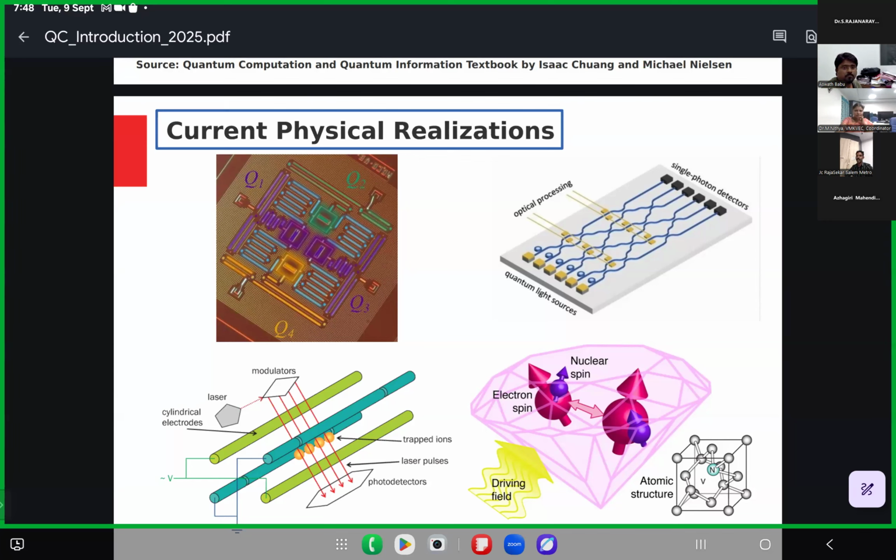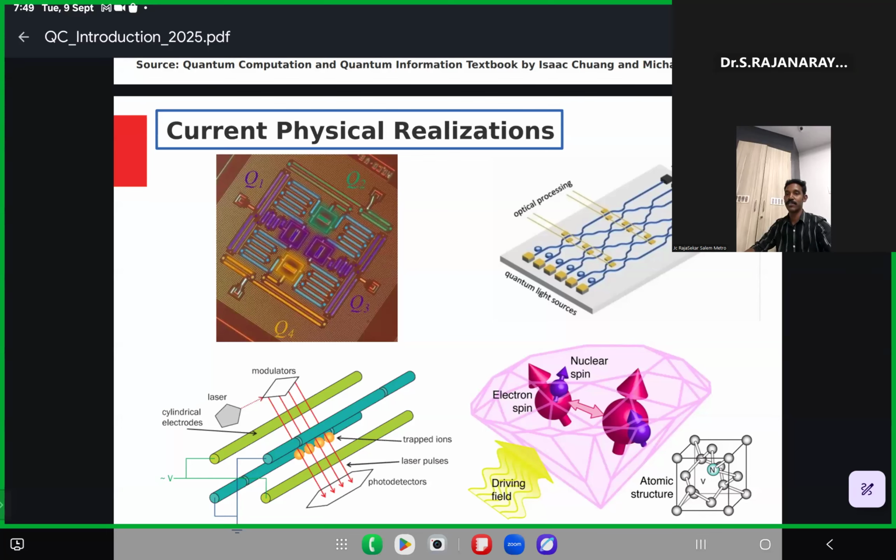Your willingness to answer our questions, provide real world examples, and share your wealth of experience has not only deepened our knowledge but also inspired many of us to think critically about how we can contribute to this engaging field. We truly appreciate the time and effort you have dedicated to enriching our knowledge. Thank you for inspiring us to explore the exciting world of quantum computing. Thank you so much, sir.